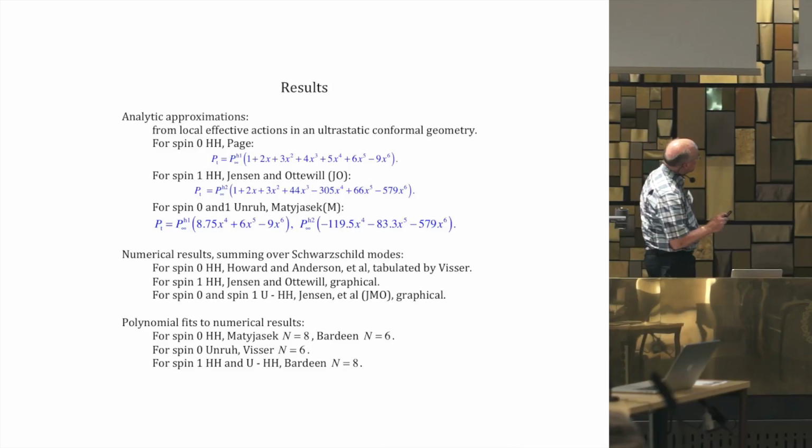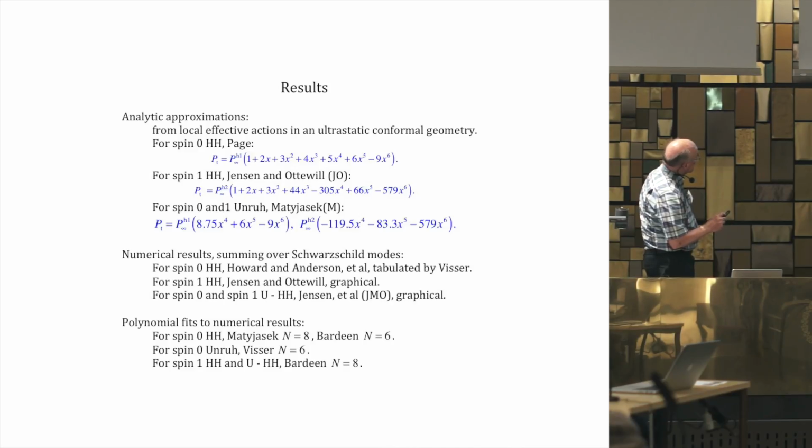Fortunately, these numerical results are given in a table in a paper by Visser, where he constructed an analytic fit for the Unruh vacuum. For spin 1, Hartle-Hawking, Jensen and Ottewell just have graphical results.